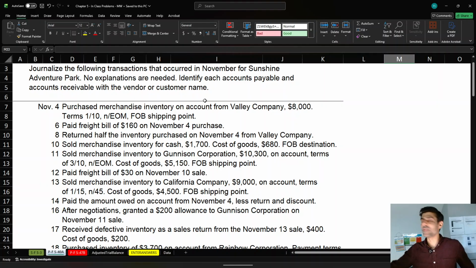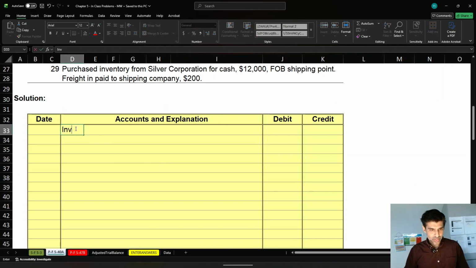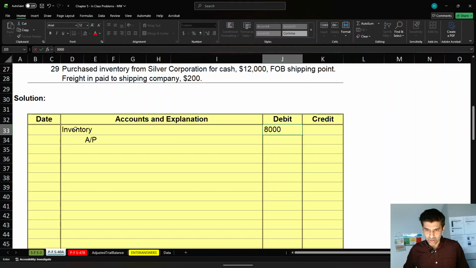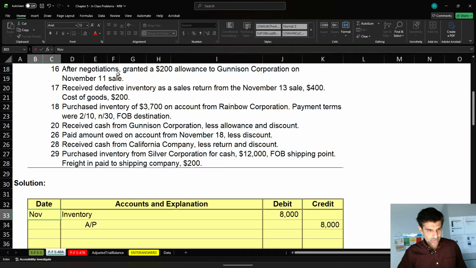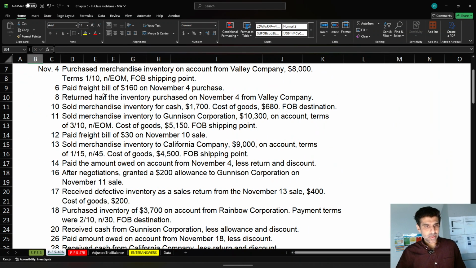This is money that we owe our vendor, and it's $8,000. So the first journal entry, inventory debit, we're getting this asset, and it's going to be $8,000. This was November 4th. Okay, first one, done.